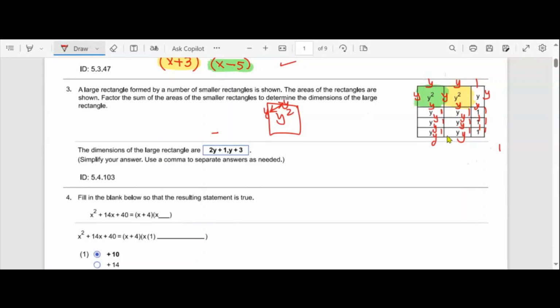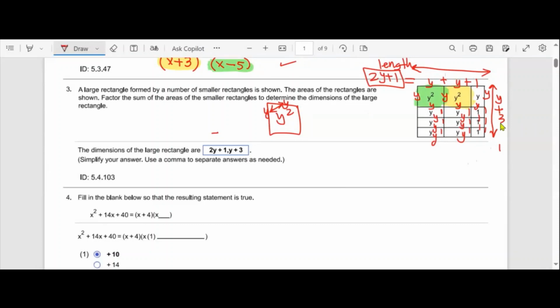Now I need to know the distance here. I have to add them, right? If you add them, what are you going to get? 2y plus 1. Exactly, that's the length. What about here? y plus 3.